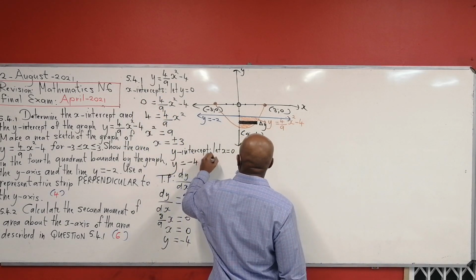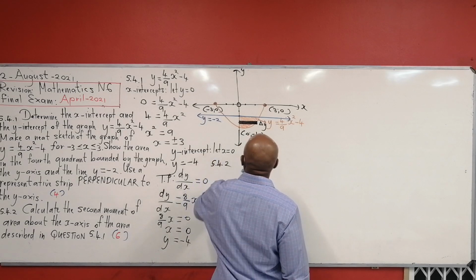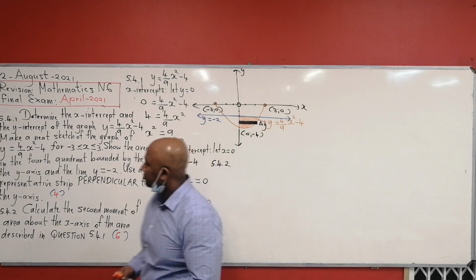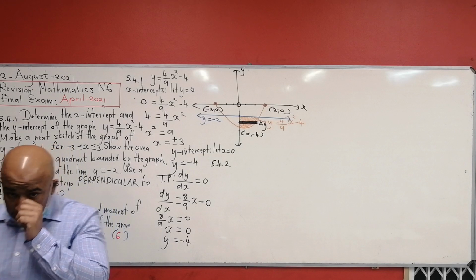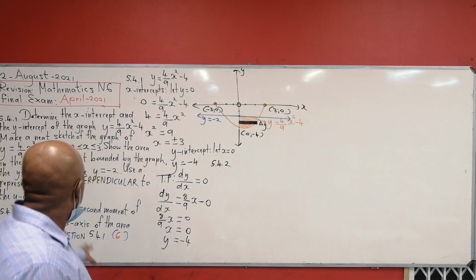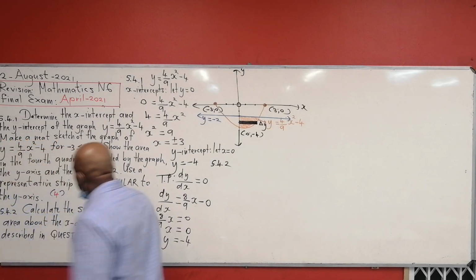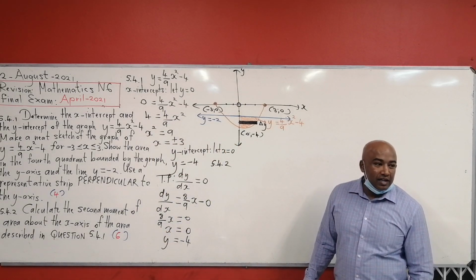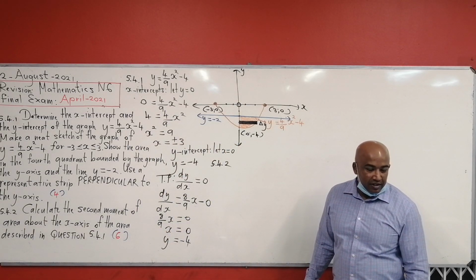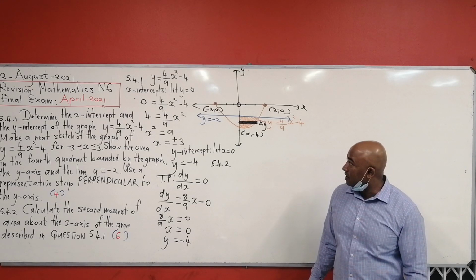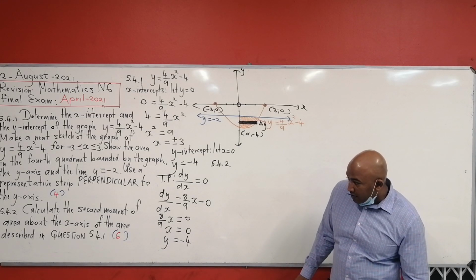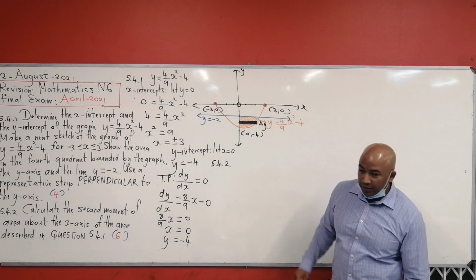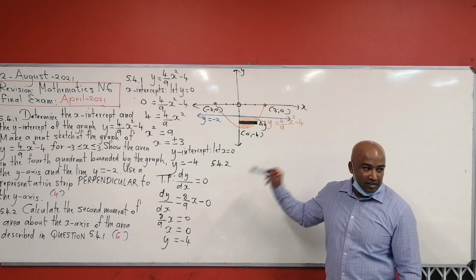Alright, now 5.4.2. Calculate the second moment of area about the x-axis. Okay, about the x-axis, of this area described in 5.4.1. So you have to follow the instruction here.